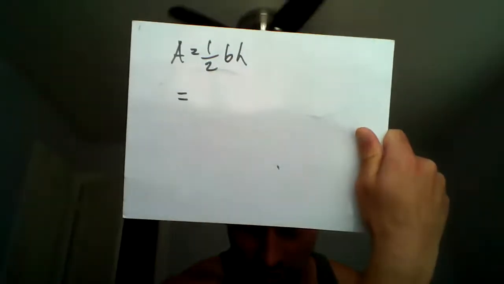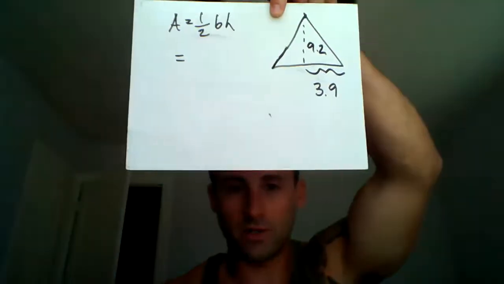Okay, so let me get another board. So now we know that area for a triangle is equal to half the base times the height. And then the other one was 3.9. Okay, so remember, oh dang, you're way ahead of me.